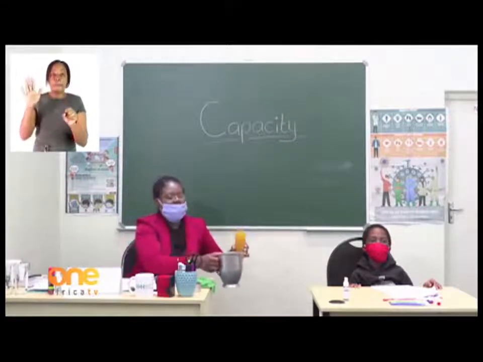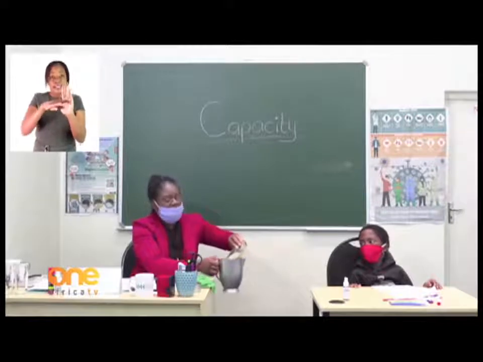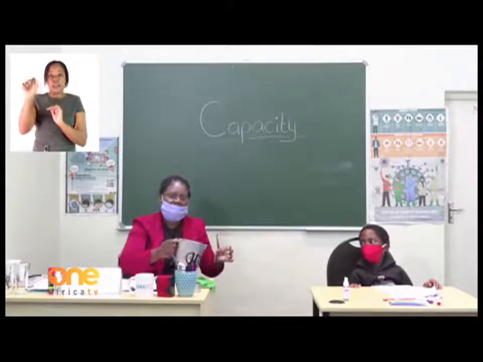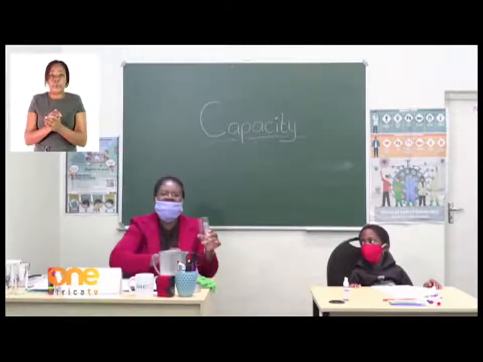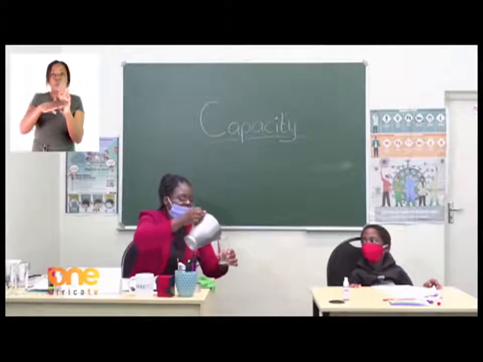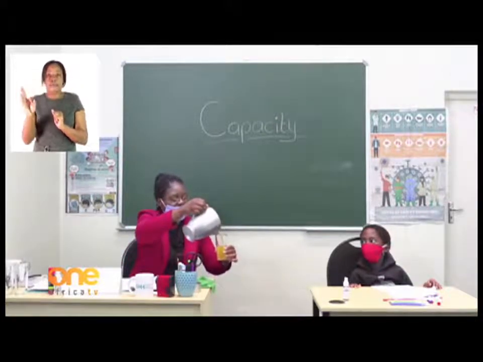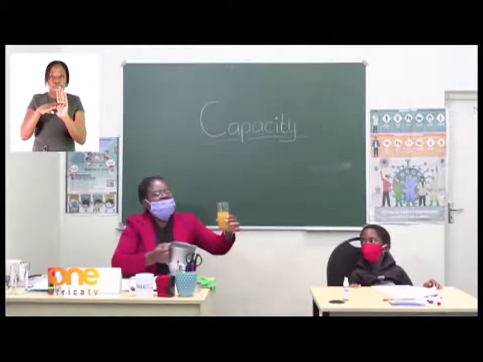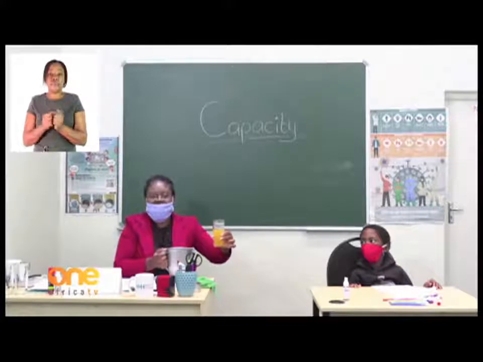Now, what about if it is half full? I'm going to pour half. Half means the container is not to the capacity that it can hold. It's just up to the middle. So I'm going to pour up to the middle of this glass. That is a half of this glass that it can hold.